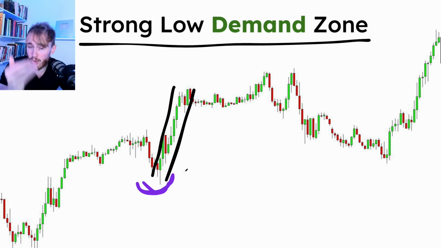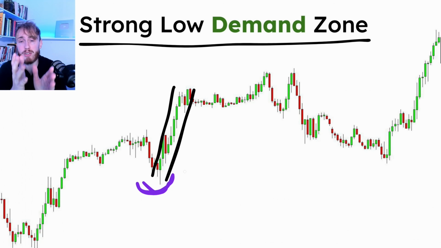We had multiple strong green candles, and we saw a nice move. For the strong low demand zones, you don't have to be as restrictive as with the aggressive demand zone. So you don't have to have momentum candles, and you don't have to see engulfing candles, but in general, you still want to see a strong move in order to draw out your demand zone.